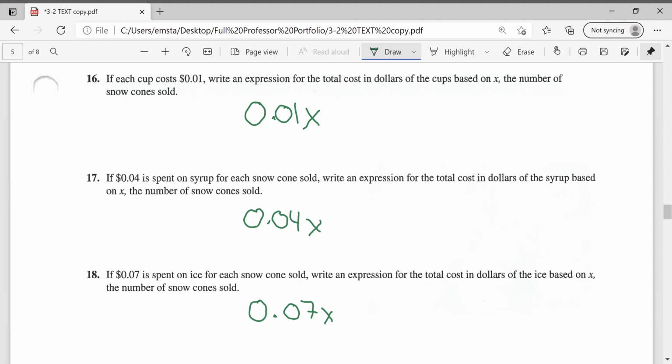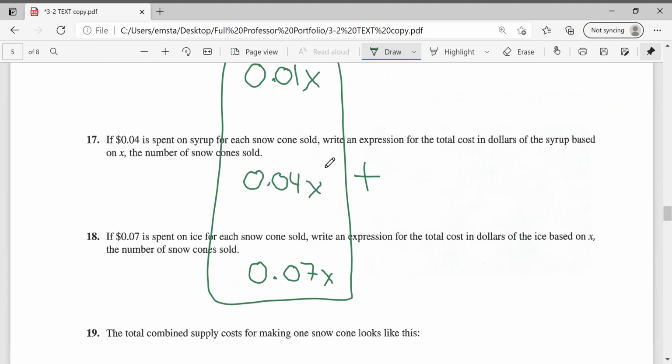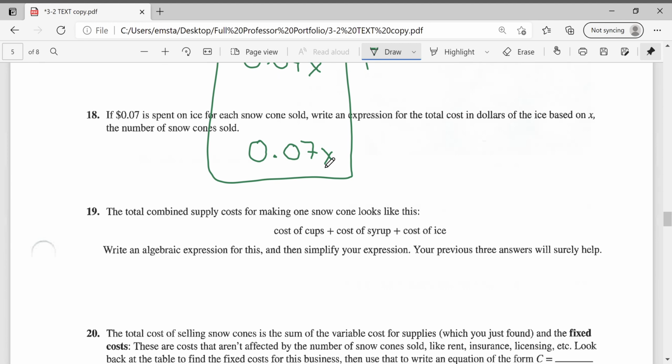19 then does something really cool. It says take those three expressions and add them up. So the 0.01x plus 0.04x plus 0.07x.